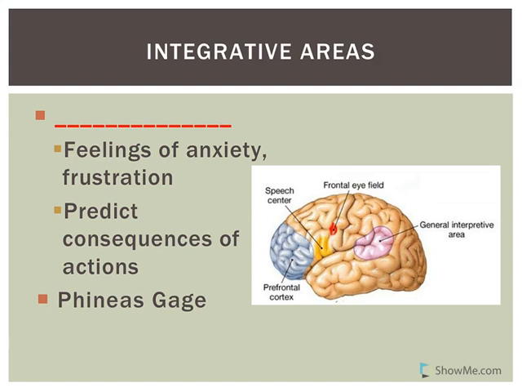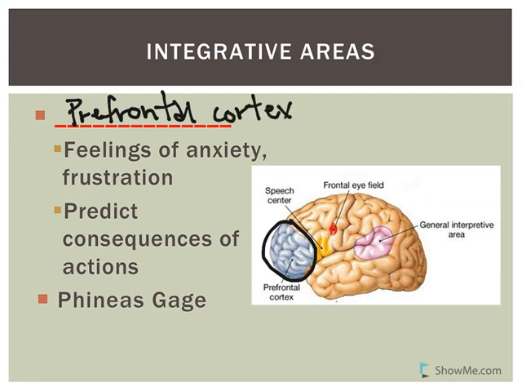The first one is actually located in your frontal lobe, but way up here in the front. So that's the prefrontal cortex. The prefrontal cortex, which is located in that frontal lobe, is involved in your personality, determining consequences of your actions, right and wrong.